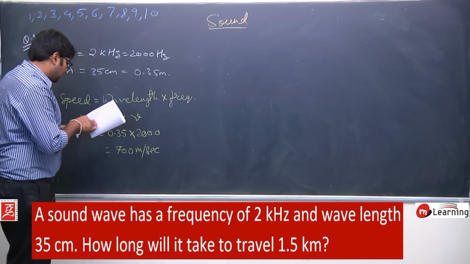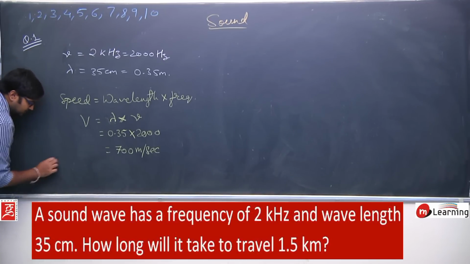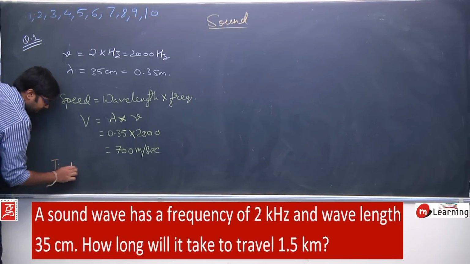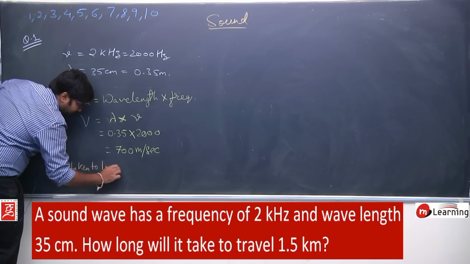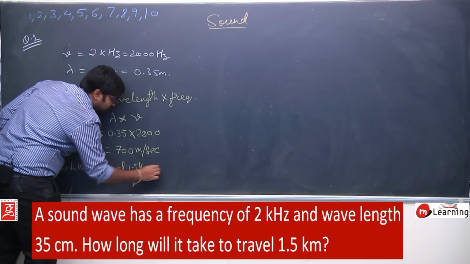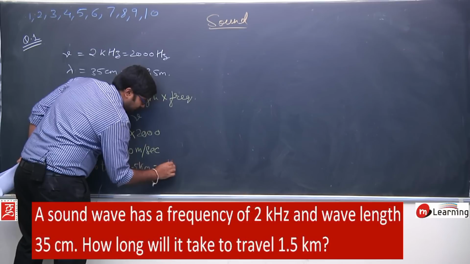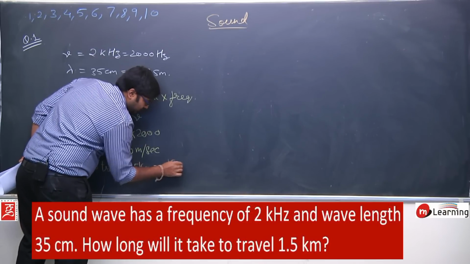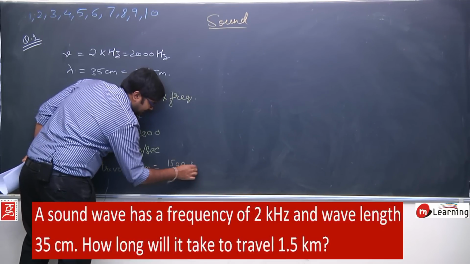Now if it wants to travel 1.5 kilometers, the time taken to travel 1.5 kilometers will be equal to distance upon speed. Distance is 1500 upon speed 700, in seconds.